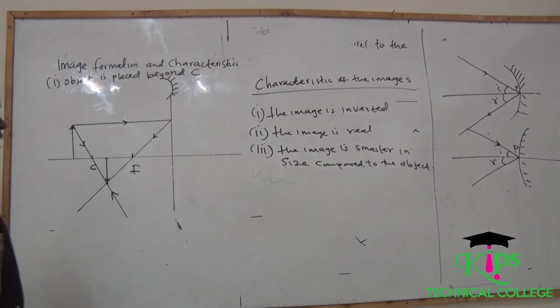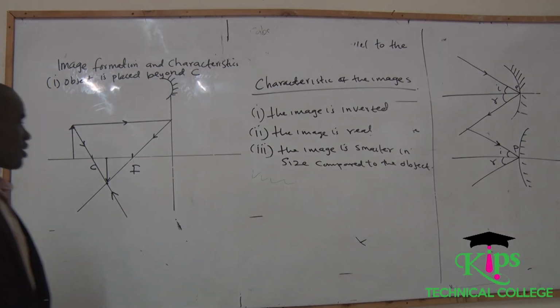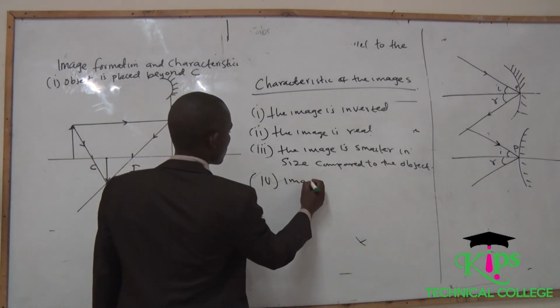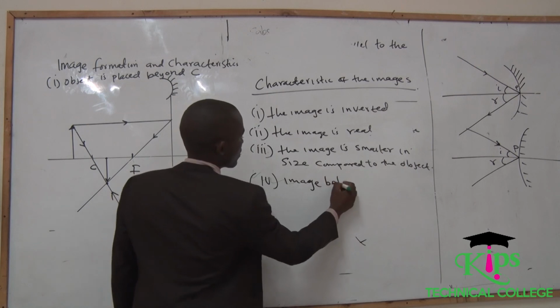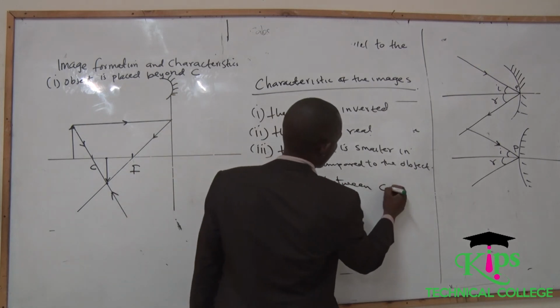So the image is smaller in size compared to the object, and if you so wish, you can also write number 4, the image is between C and F.